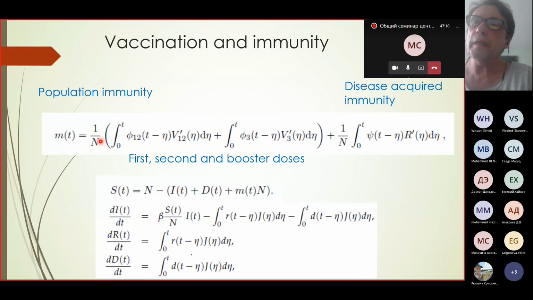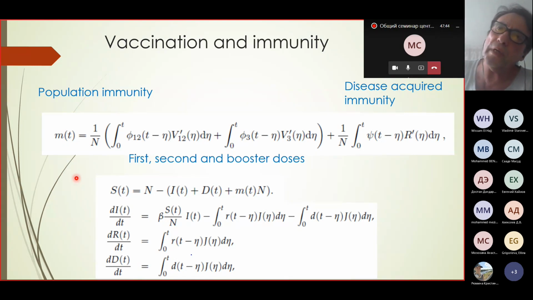So, as before, we consider this distributed model shown here at the bottom of the slide, with one difference, but quite important. The equation for S of t, before it was a differential equation, dS/dt equals this minus beta S I, as shown here. Now it is different.